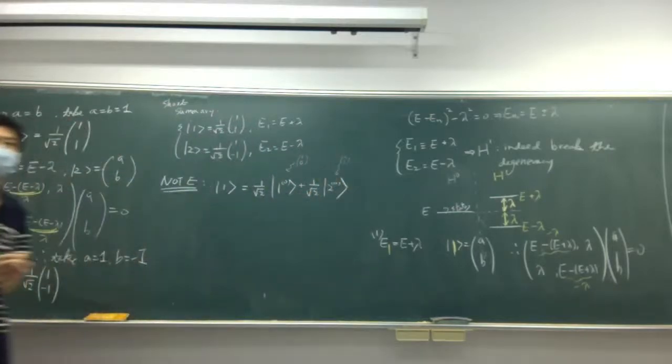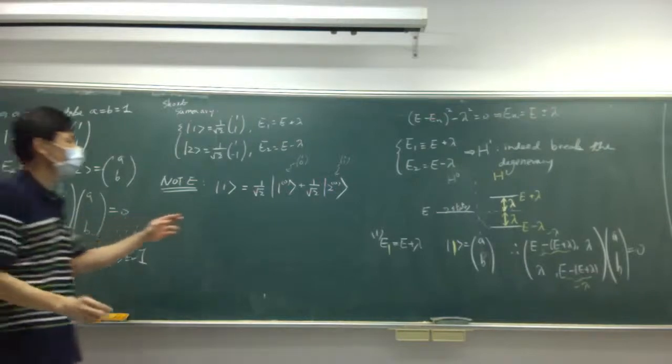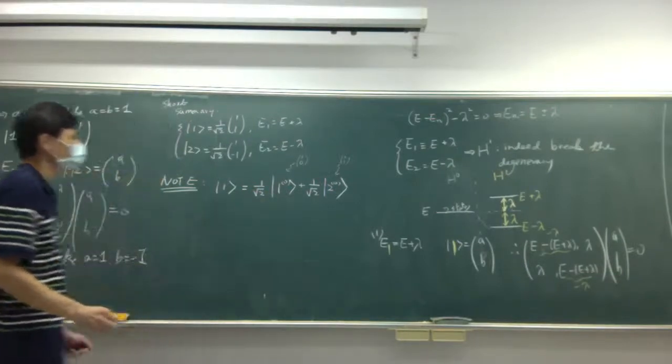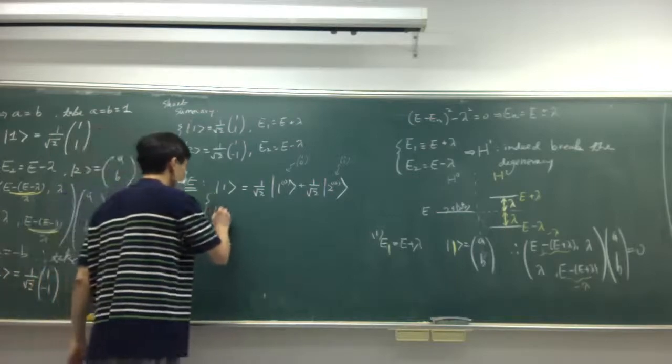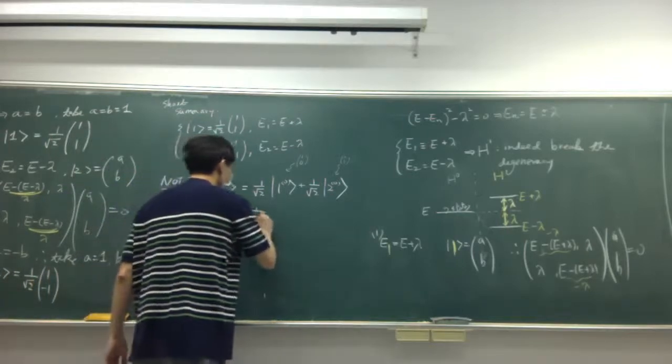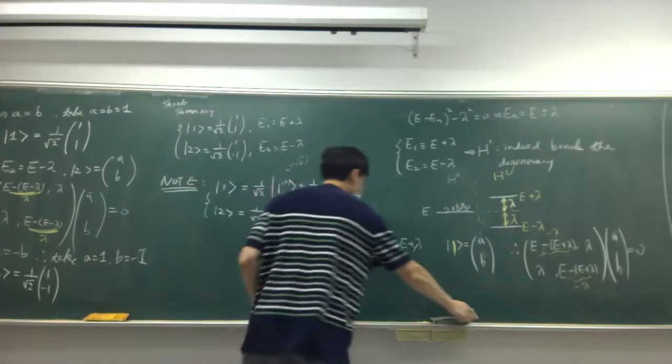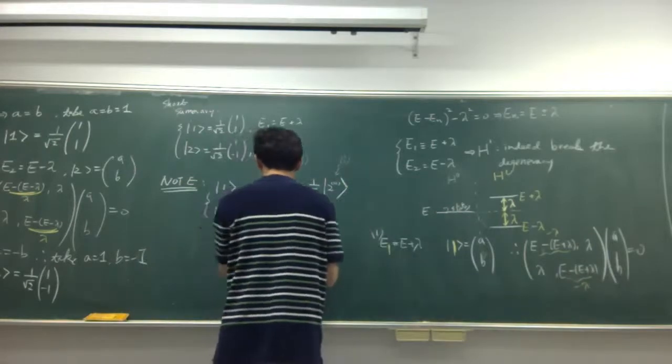Isn't it? So actually |1> is 1 over square root of 2 times |1,0> plus |2,0>, before the perturbation applied. The linear combination. And also the second state is the same, also a linear combination.